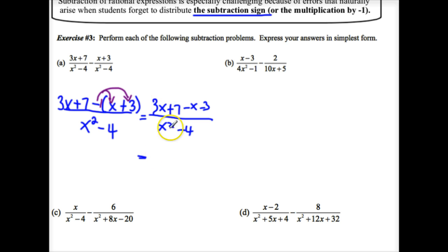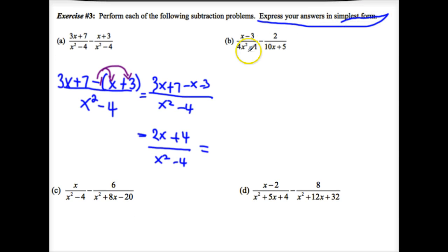This becomes 2x, because 3x take away 1x is 2x, plus 4 over x squared minus 4. Now simplify, because it says express your answer in simplest form.